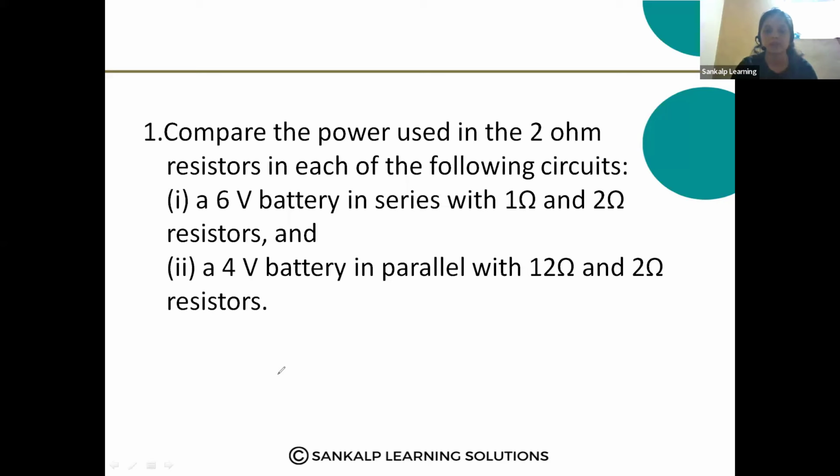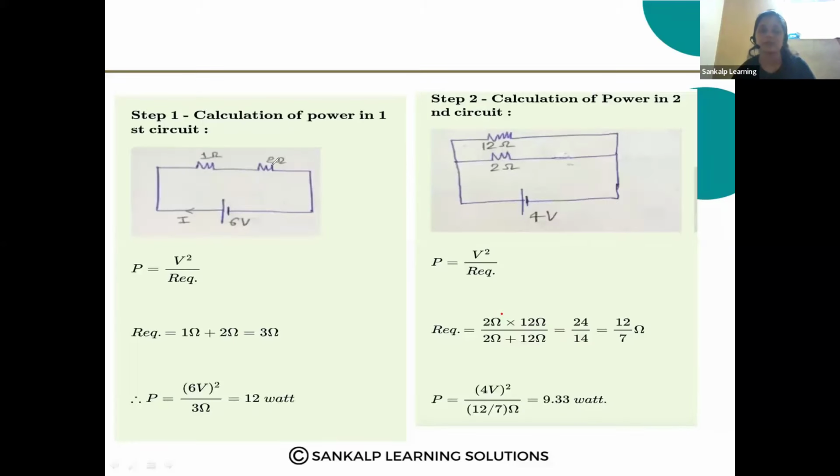Then we have to solve this. How can we solve this question? By applying the formula. So which formula do we have to apply? In the first step, the 1 ohm and 2 ohm resistors are connected in series to the 6 volt battery.